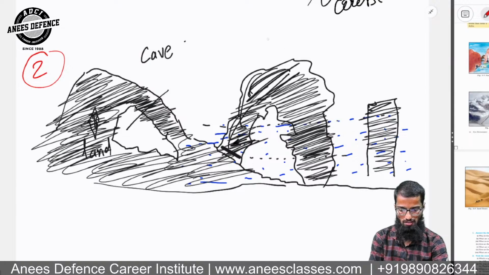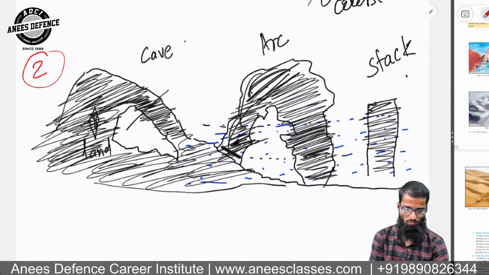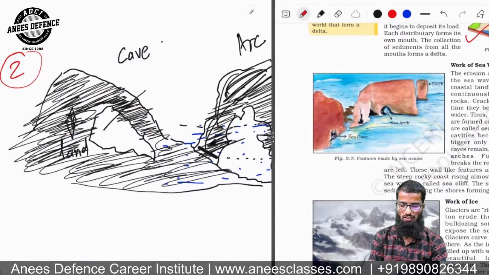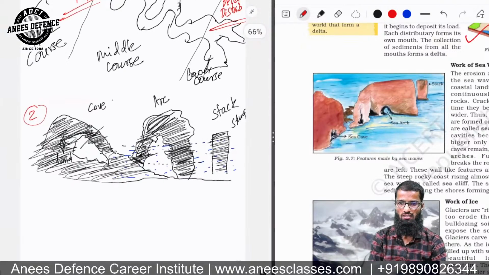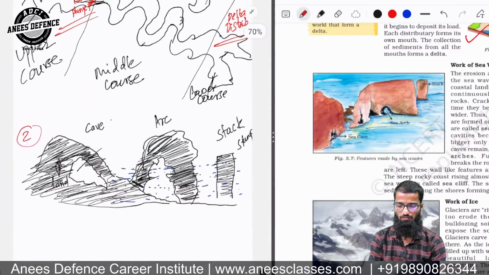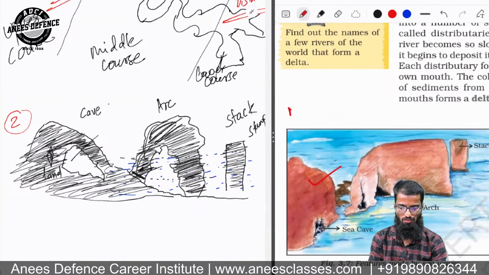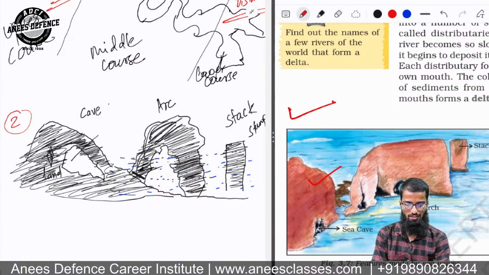Okay, this is the arc, this is the stack, and you will have a stump also. So you can see that this type of structures are formed here. Now you can see on your screen these types of structures. You need to understand the work of water has led to the formation of the stack, the sea arc, and the sea cave.